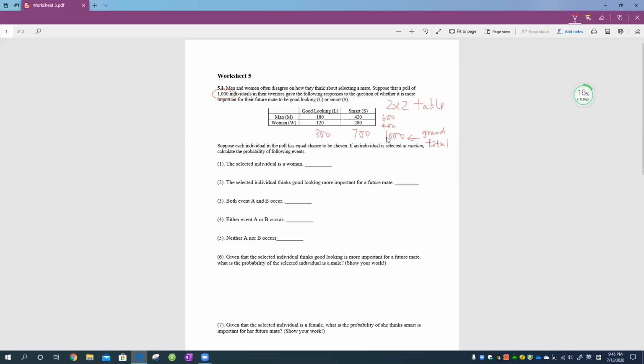So we can say A, because we all know we're going to use a capital letter to represent an event. So let A be the event that the selected individual is female.